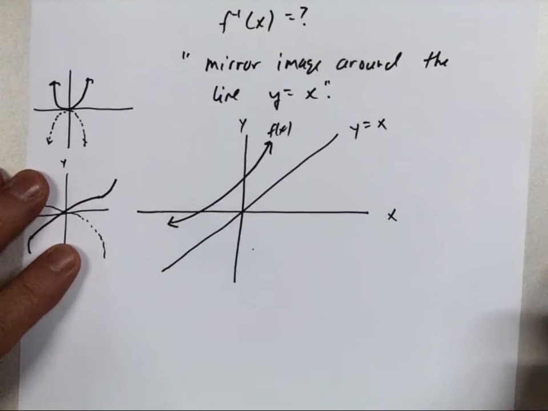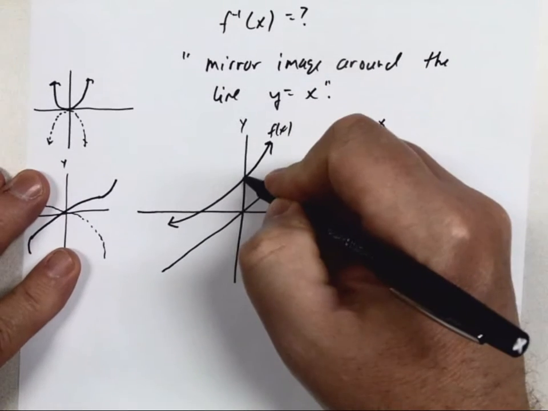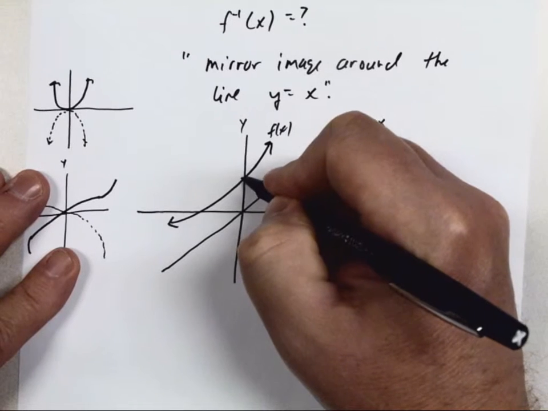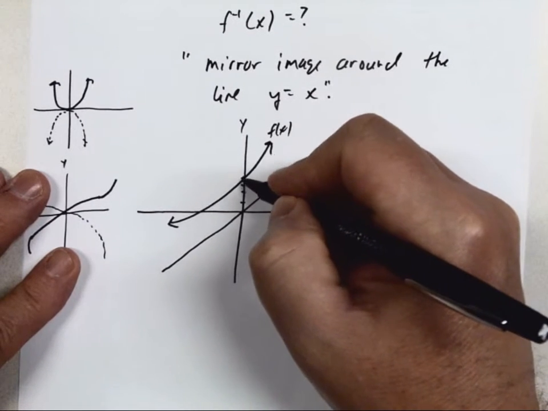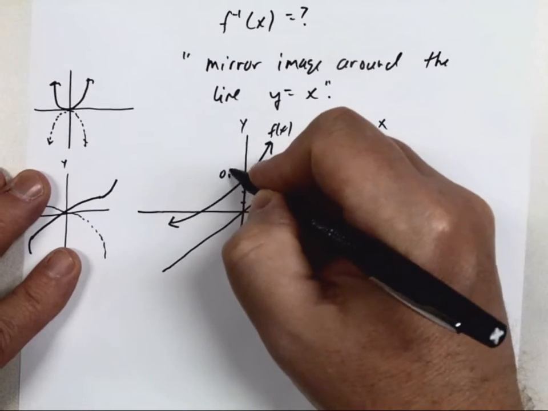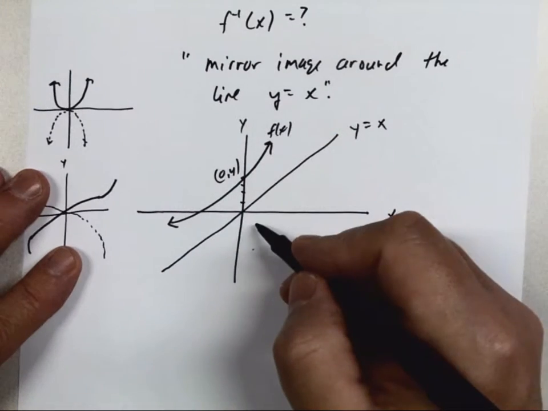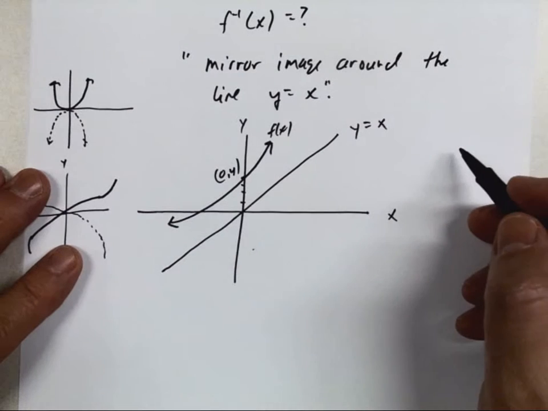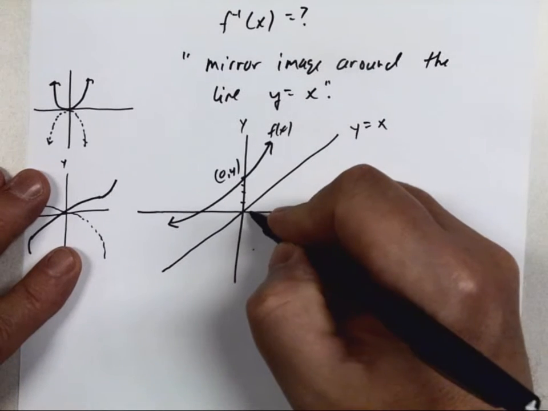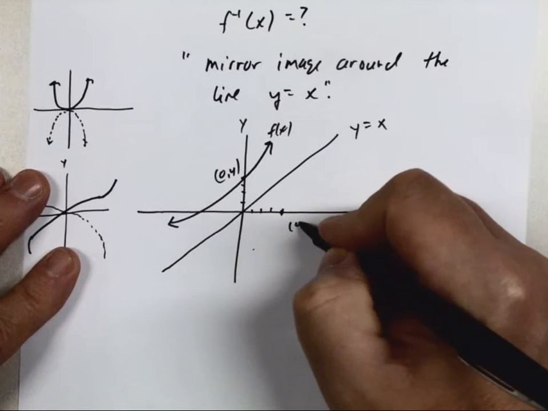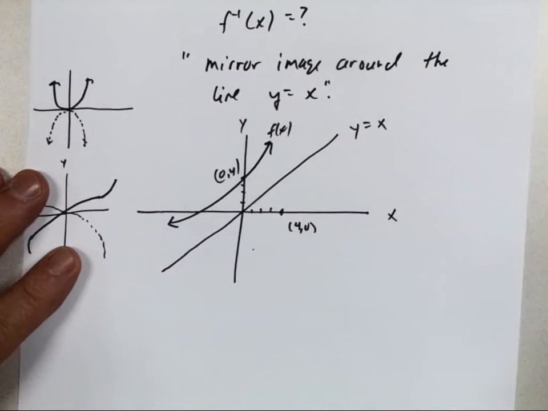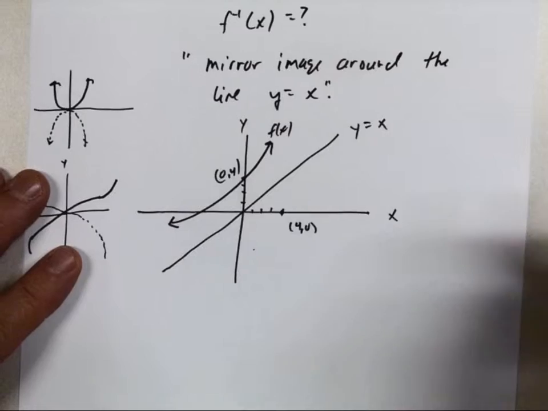If you have to actually be precise, what you can do is you take a few points. Say this point here is 0, 4. If I go over here and I reverse those and plot 4, 0, this is going to be on my inverse.